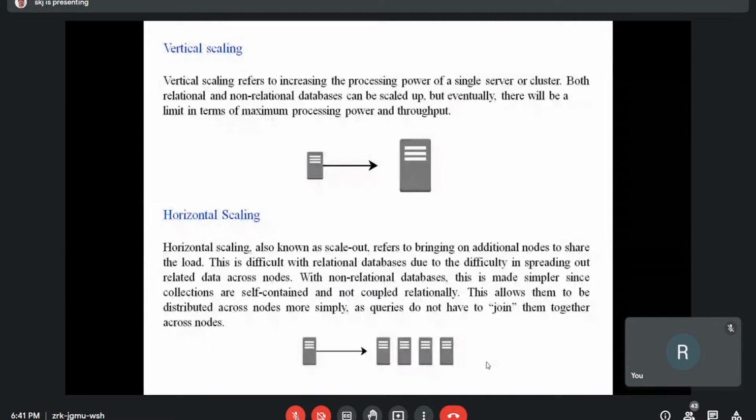But in all these cases there is some limit. At the same time, developing a new processor is very costly work. If I want to add more and more power to the same machine, I call this vertical expansion or vertical scaling.